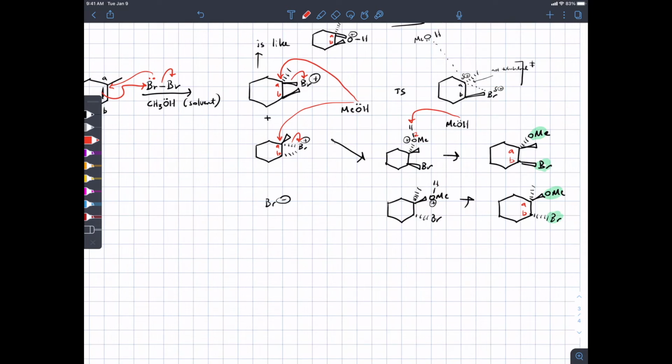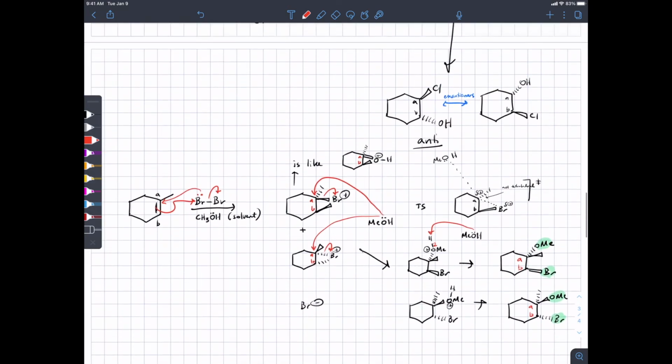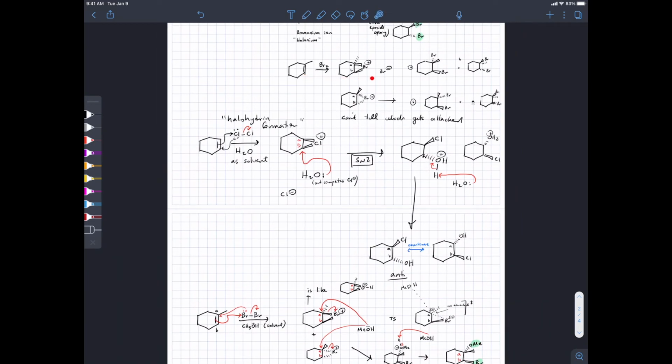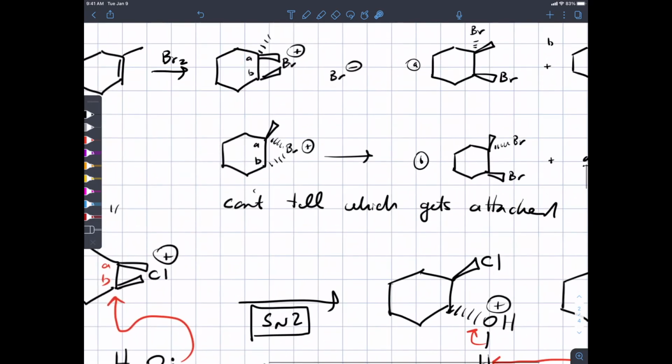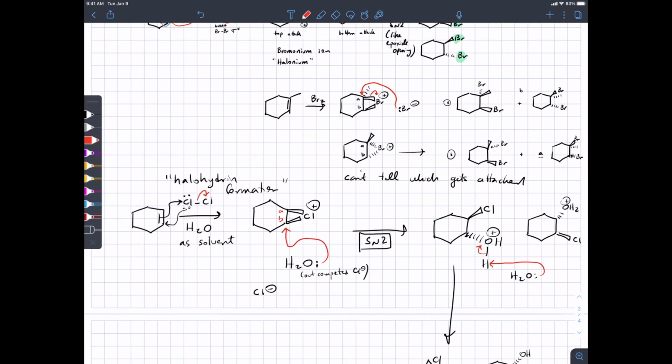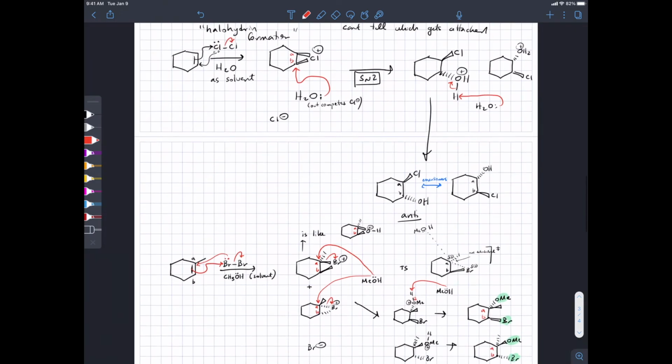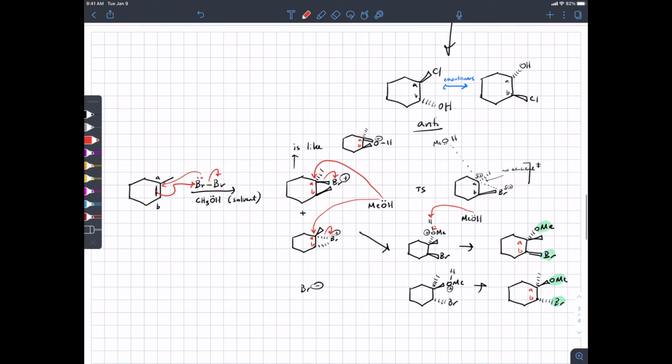So, this is a long answer to a short question, but by analogy, people speculate, though you can't tell, that if you were to do this reaction just with bromine, Br minus in the second step preferentially attacks the more substituted carbon. Of course, you can't tell, but if you bring in the solvent as a nucleophile in the second step, then you can. Okay, questions?